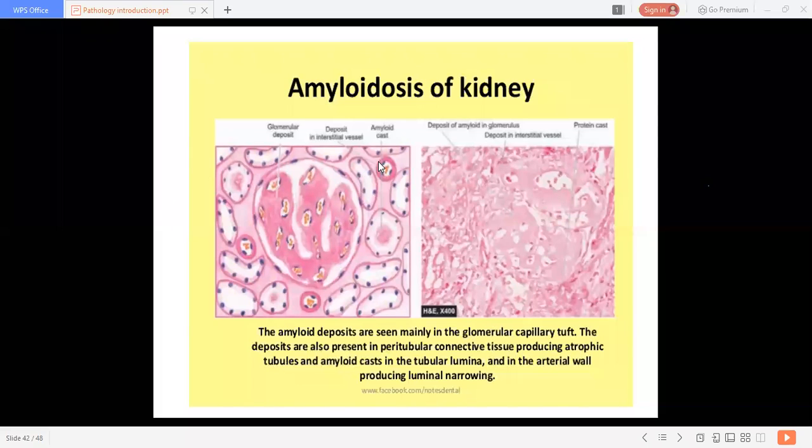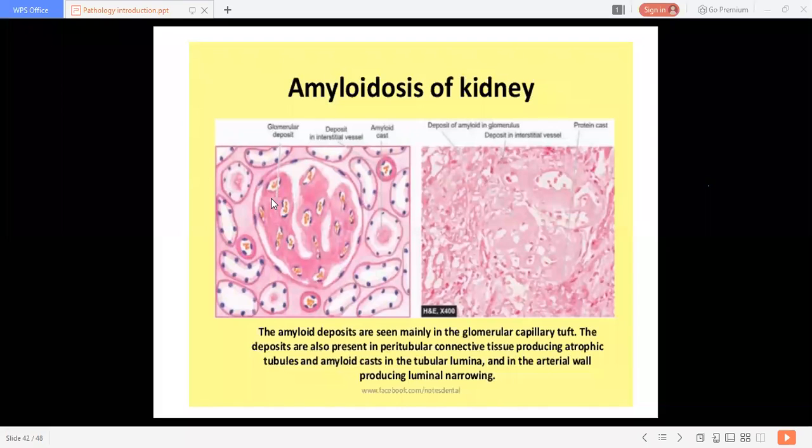Now, histologically, the amyloid is deposited primarily in the glomeruli, but the interstitial peritubular tissues, arteries and arterioles may get involved. So here you can see the glomerular deposits.